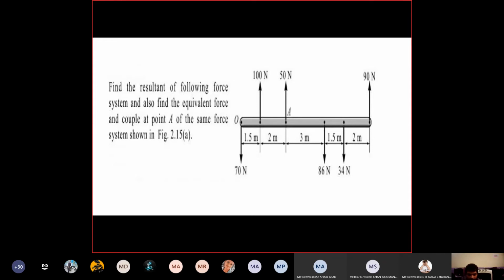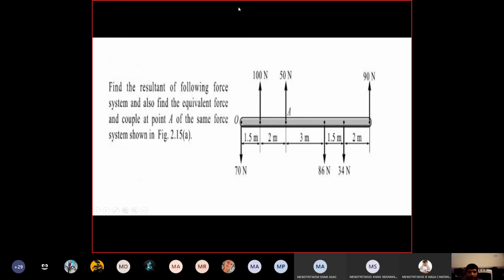Roll number 66. Not there. Roll number 43. What happened, Ahmad? Roll number 52 is also from section B. Roll number 52. Yes, sir.